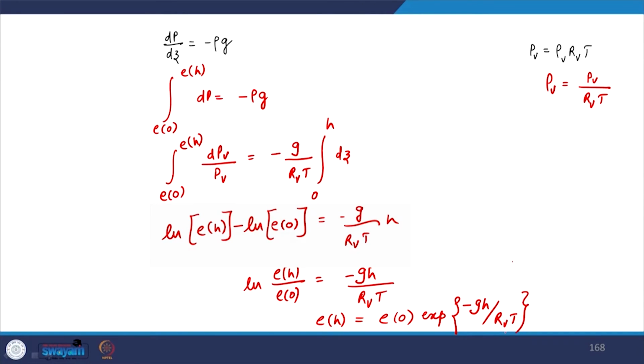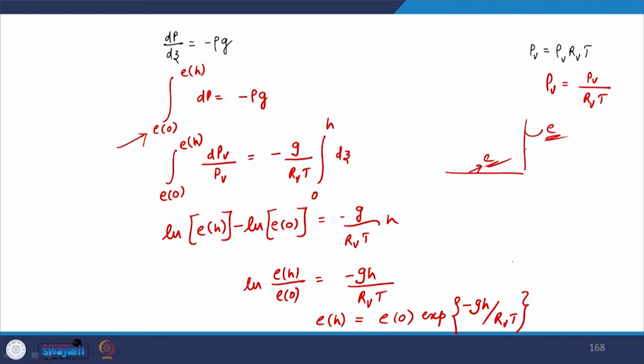Right. So, I hope you are getting this. We just wanted to find out how the vapor pressure here can be related to the vapor pressure here, right. So, this gives the variation of vapor pressure.